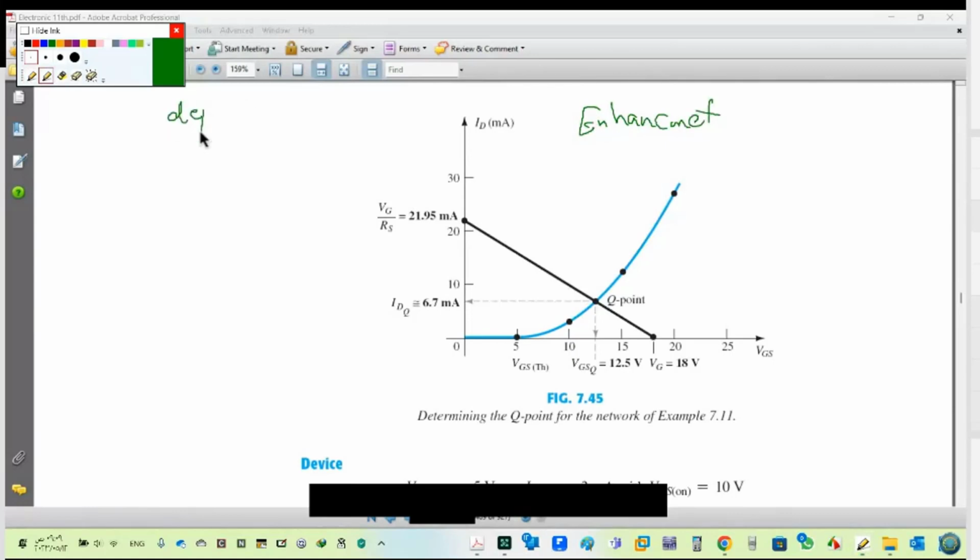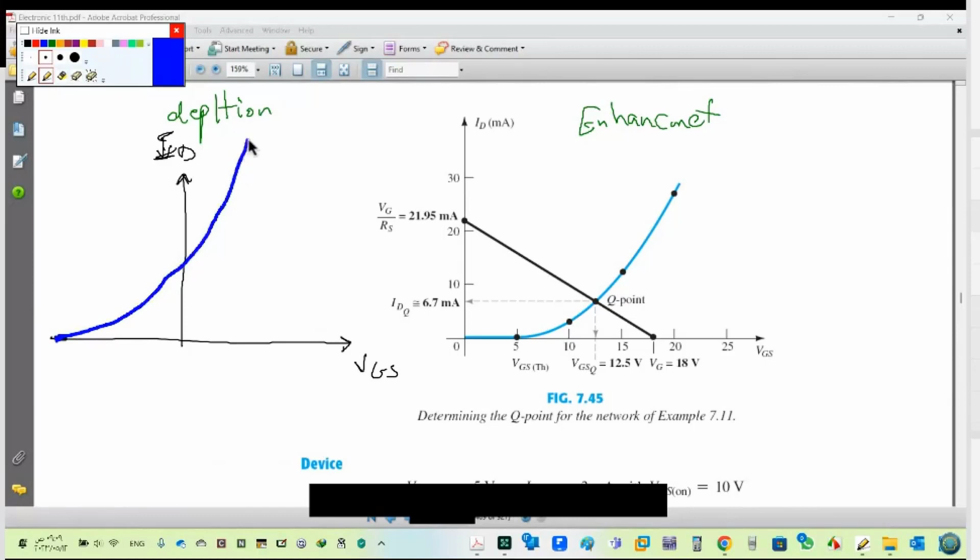What about depletion? I will draw it for you. ID versus VGS. We have this curve, see? This is the first thing. Second thing, the load line, VG, same. I need 1 point, select this point, for example, this point. Then draw the line.